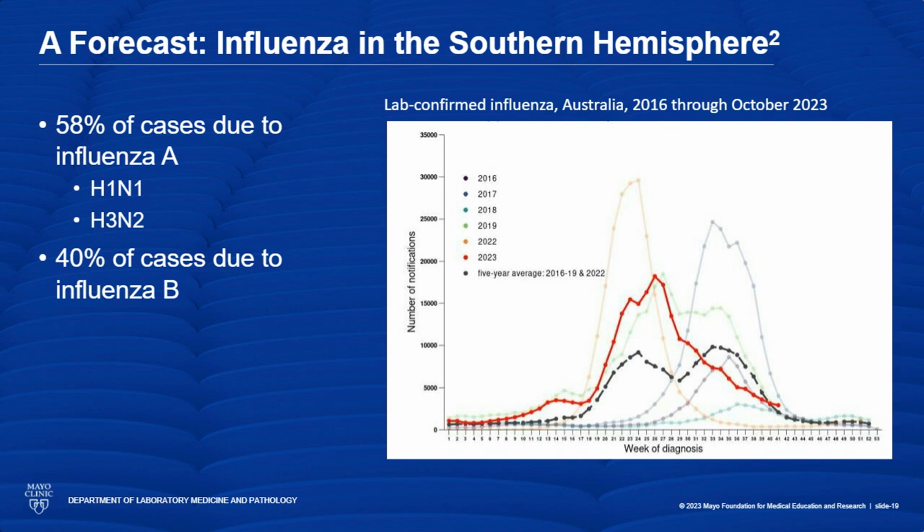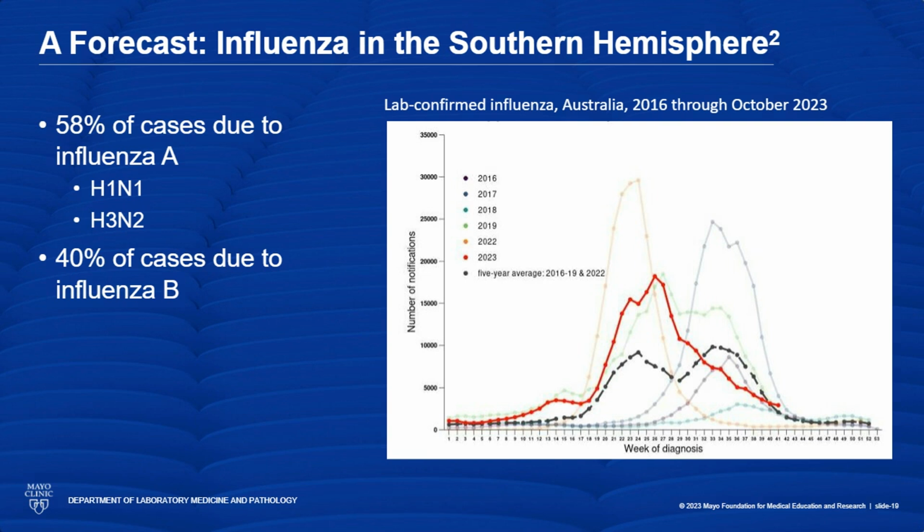And so by looking at the flu season in Australia and other Southern Hemisphere countries, we can get an idea of not only the severity, but the types of strains that are circulating. And that's actually how the flu vaccines are formulated, based on an educated guess based on what is happening in the Southern Hemisphere.